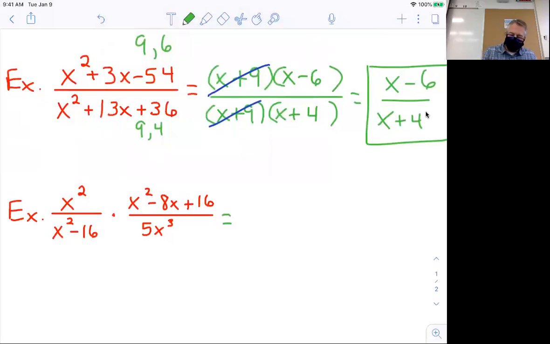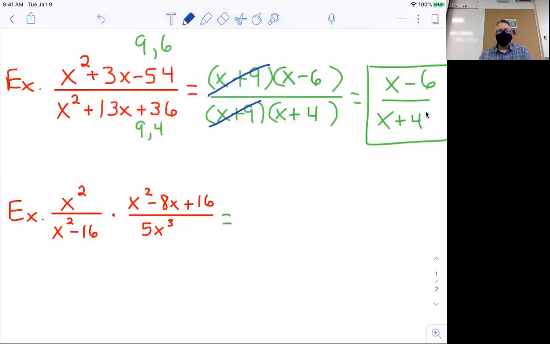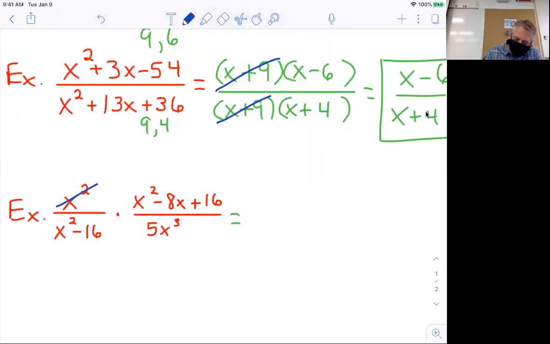Remember we talked about common factors. So as long as I have the option, I'm going to cancel something right away. I can cancel an x squared there and cancel two of those x's, leaving me a 5x on the bottom.